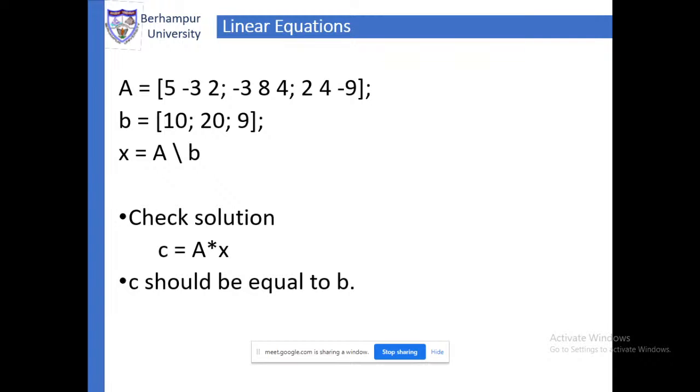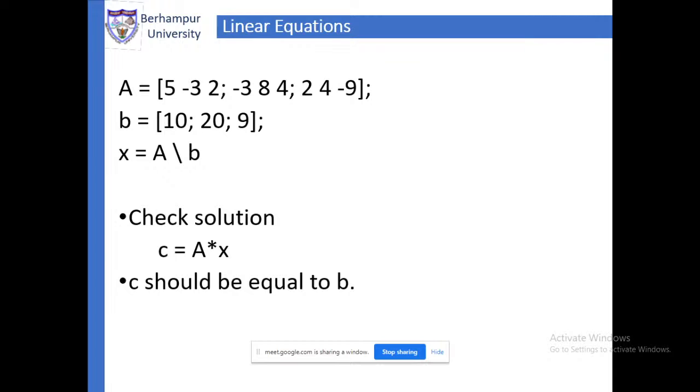In the first row, the coefficients are the coefficients of x, y, z. Coefficient of x is 5, coefficient of y is minus 3, coefficient of z is 2. Therefore, we put them in one row: 5 minus 3, 2. Either you can write 5 space minus 3 space 2, or we can write 5 comma minus 3 comma 2. So that takes care of the first row, which is the first equation.